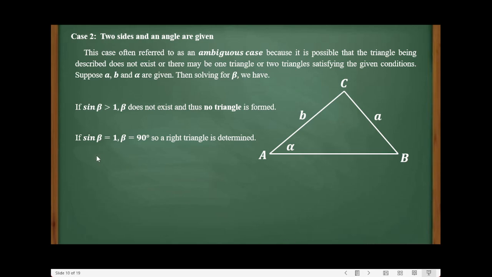Now, suppose we obtain the value of sine beta equal to 1, it means that beta has a measure of 90 degrees. It means the triangle that exists here is a right triangle.